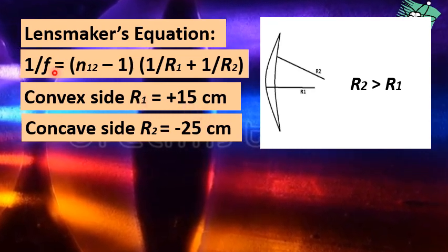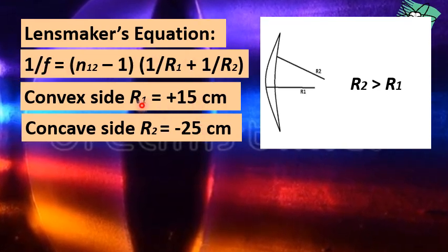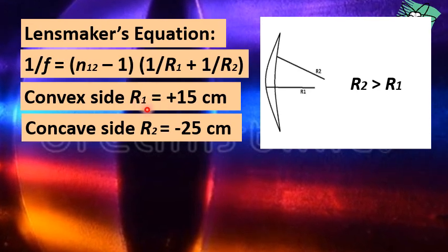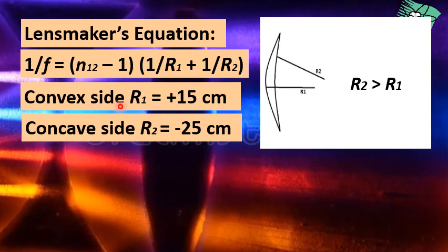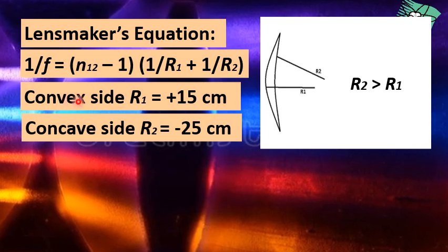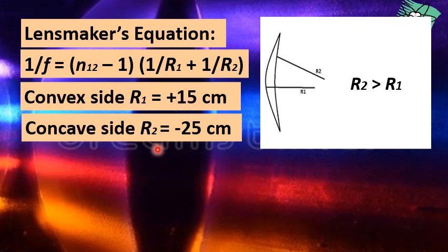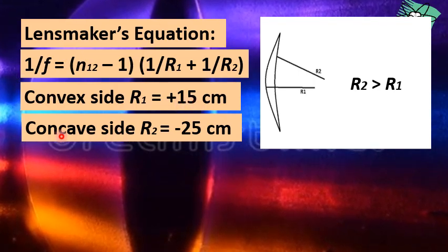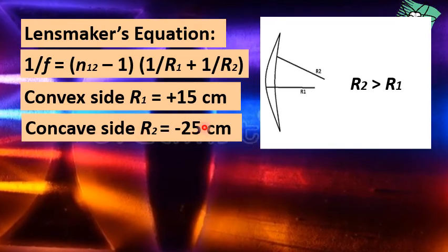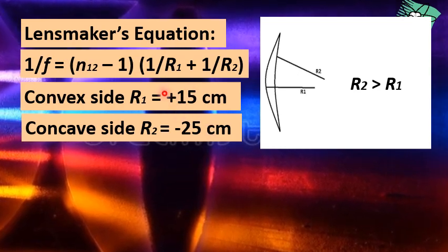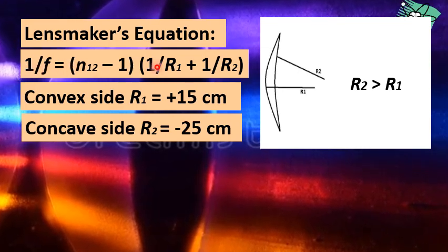In using this Lensmaker's equation, we will follow the convention that the first radius, the one that has a convex surface, will have a positive radius, and the concave surface will have a negative radius. So that's just a convention, one of the conventions in using this Lensmaker's equation.